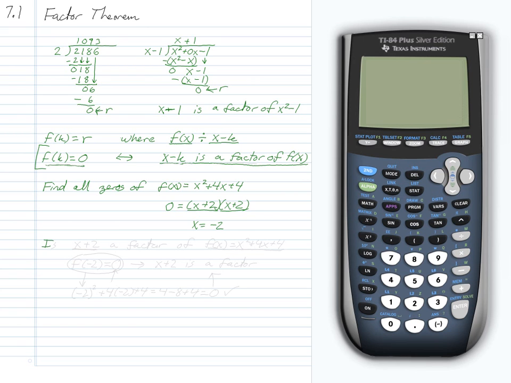But, as we said, this sword cuts both ways. So if I asked, is x plus 2 a factor of our function f of x equals x squared plus 4x plus 4? Now this function is manageable. We could factor it and see if x plus 2 makes an appearance, but our factor theorem says that x plus 2 is going to be a factor if and only if f of negative 2 is 0.